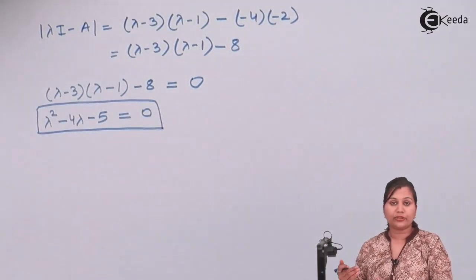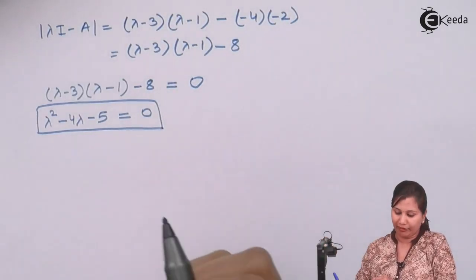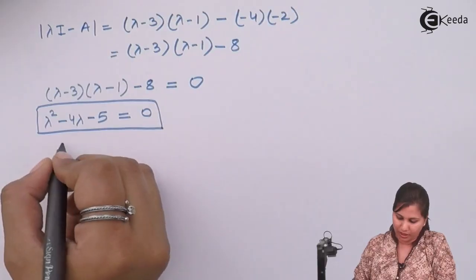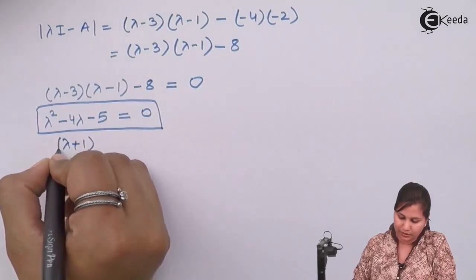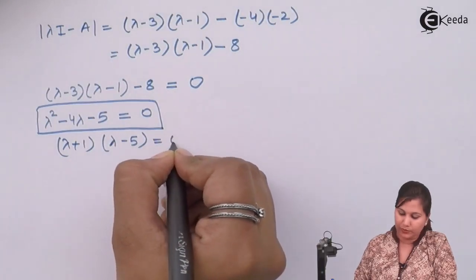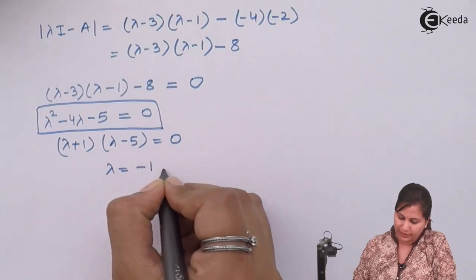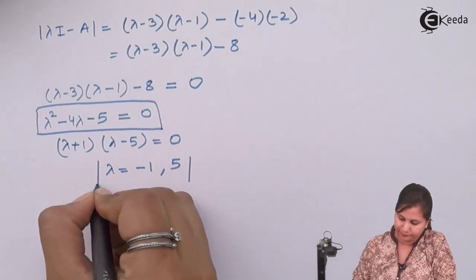Now we have to find the roots of this equation. This is a quadratic equation. We can easily find its roots. So its roots are lambda plus 1, lambda minus 5 equals to 0. So its roots come out to be minus 1 and 5.